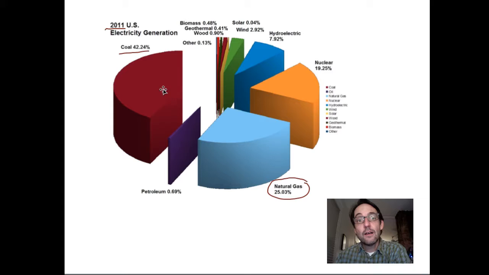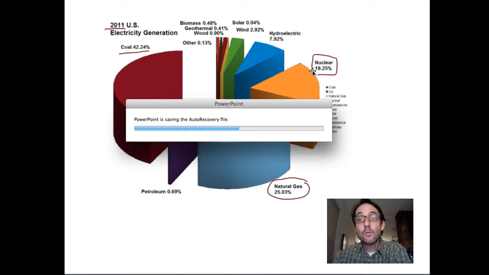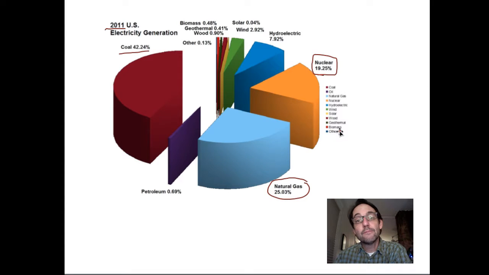In fact, coal, I think, is up around 45%, and natural gas is around 21%. Nuclear power, when you look at electricity, obviously plays a more significant role, being about 19%. Then there are various other renewables, and a little bit of oil, but mostly coal.